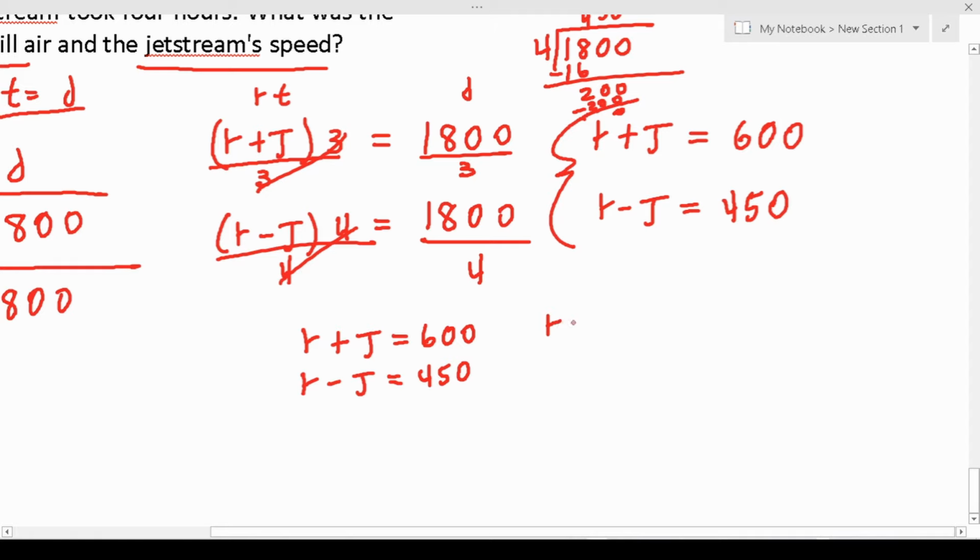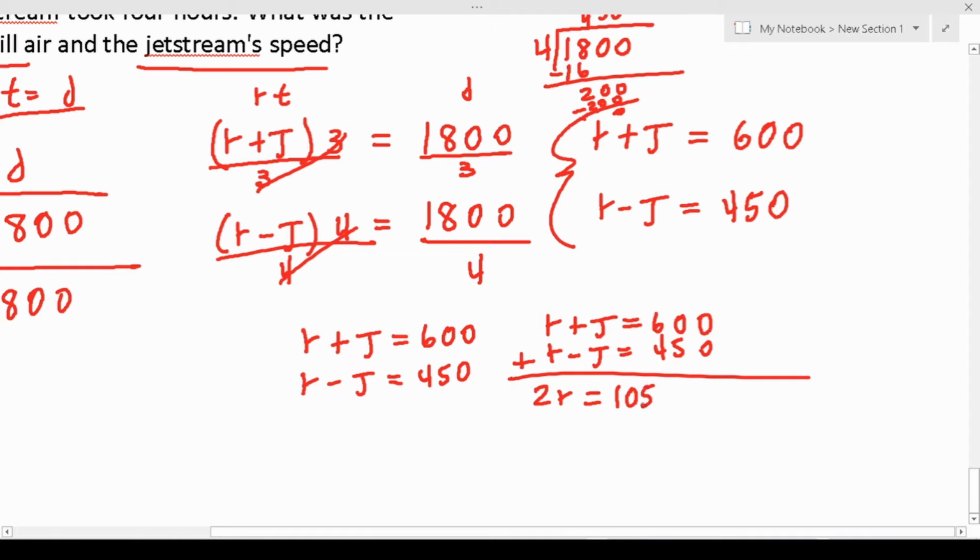Again, we're going to take this top equation. We're going to add this bottom equation to it. R plus R is 2R. J plus J is nothing. And this becomes 600 plus 450, which is the same as 1050. Let's divide both sides by 2 now to get R by itself.